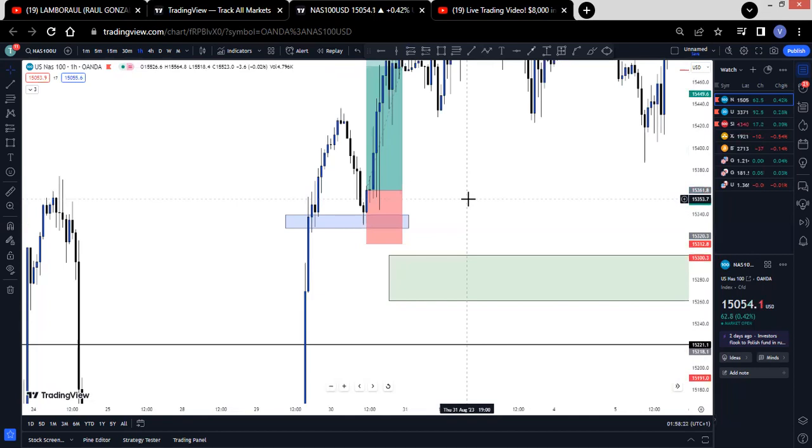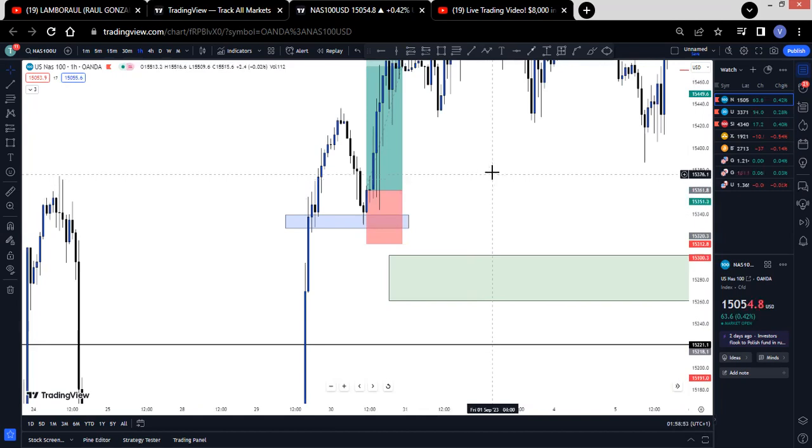The second thing is we don't want to see a weak rejection from the upside. For it to be a high probability setup, a bullish engulfing, we don't want to see a weak rejection from the upside. I want to see the bullish candle close above the previous candle. That's what I want to see if you're looking to take buys off a level of resistance.